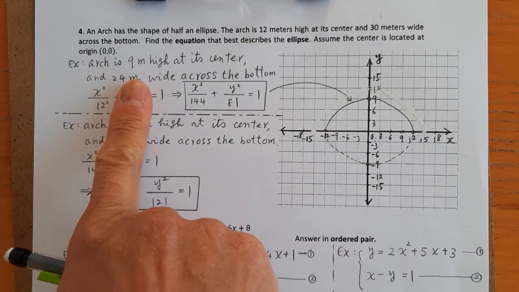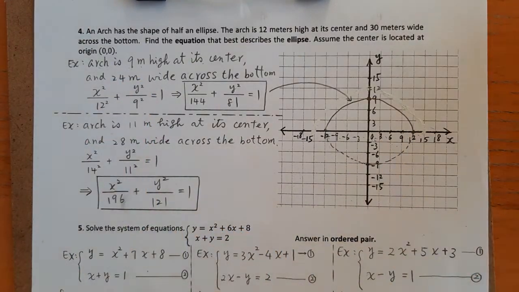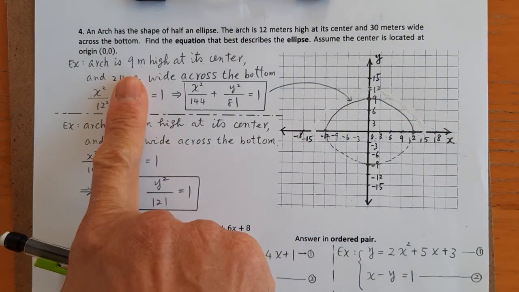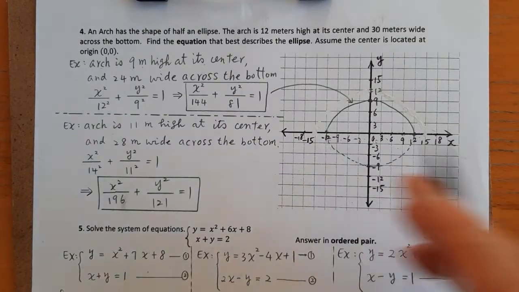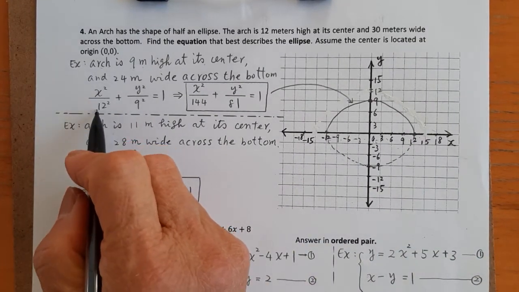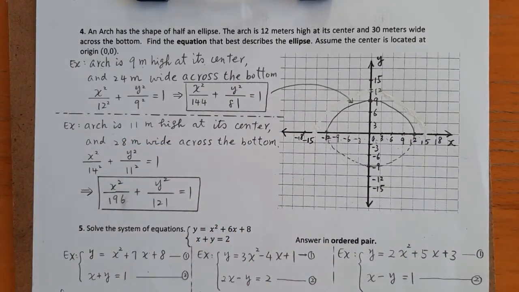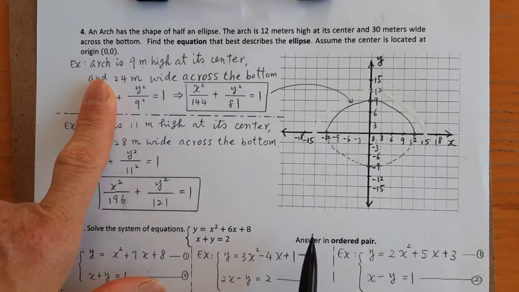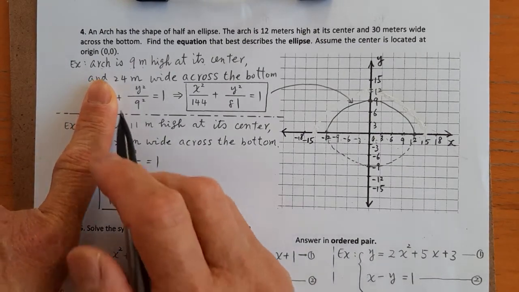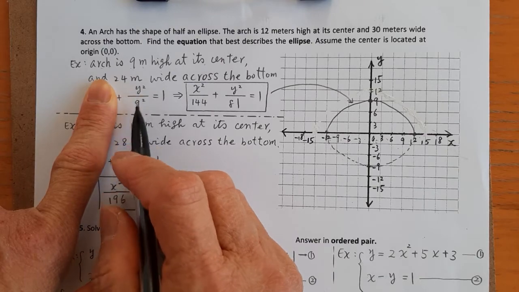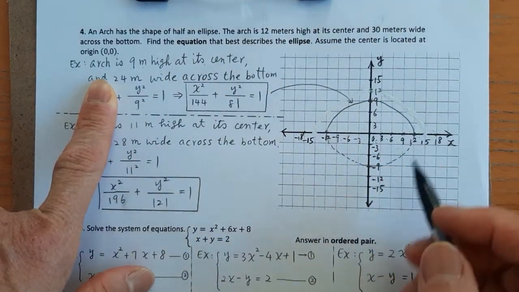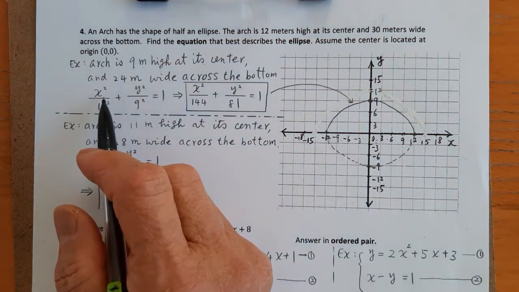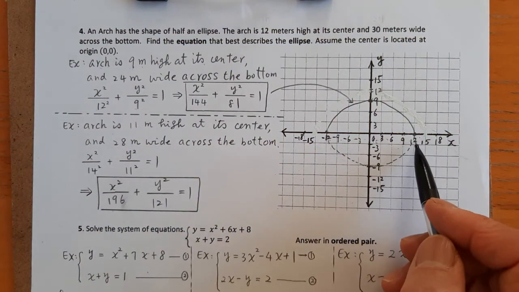Because if there is no y squared term, y equals 0, then you get x equal positive 12 or negative 12. So put under x squared 12 squared, which is the x-intercept. If x equals 0, there's no x term, only y squared over 9 squared equals 1. So y equals positive 9 or negative 9. That's the y-intercept.